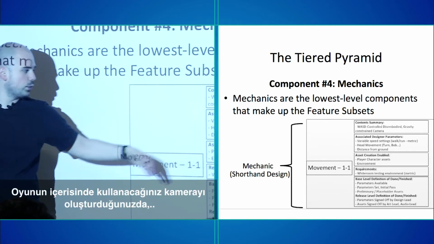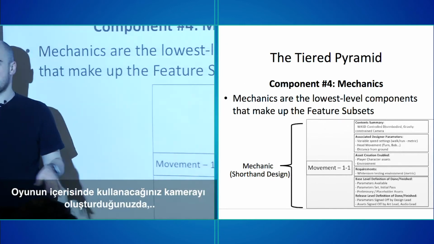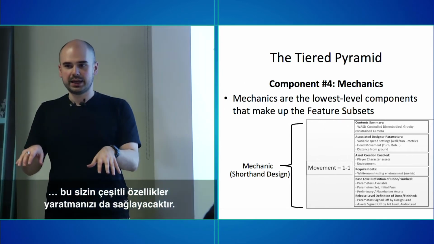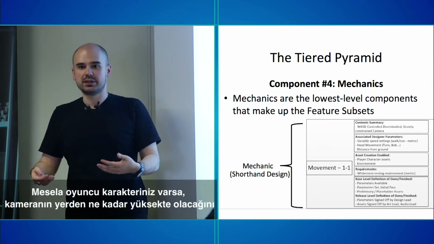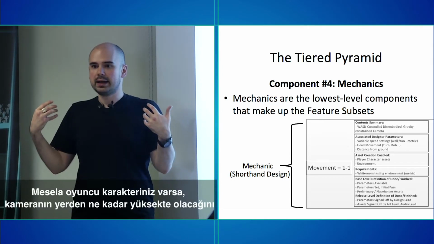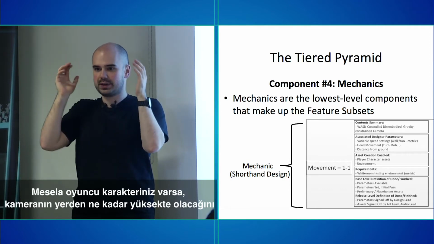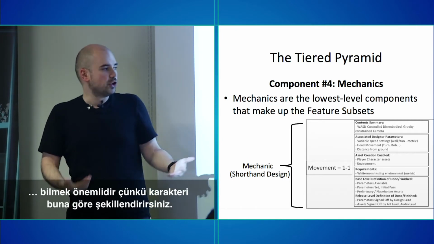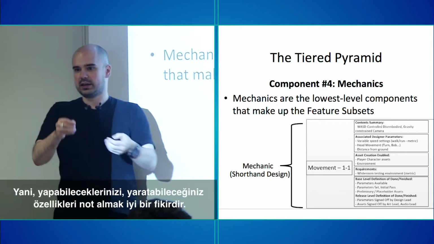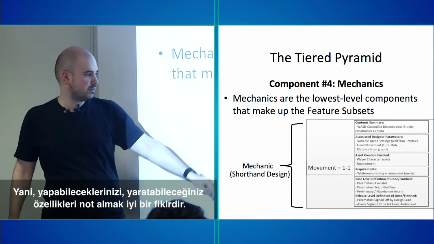It also says which assets are enabled. So once you actually have the camera that can move around in the game world, it enables you to create certain assets. For instance, if you have a player character, it's probably a good idea to know at what distance from the ground the camera is going to be before making the character model, right? So it's good to track what assets can you make once you've implemented this?